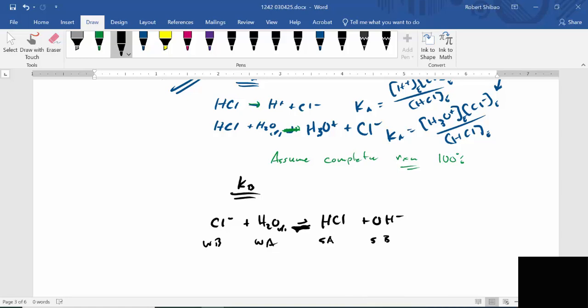You need a little bit of memorization for this: chloride is a base, but how good of a base is it? It's an awful base. It's so bad that we don't really consider chloride to be basic at all. We consider it to be neutral.